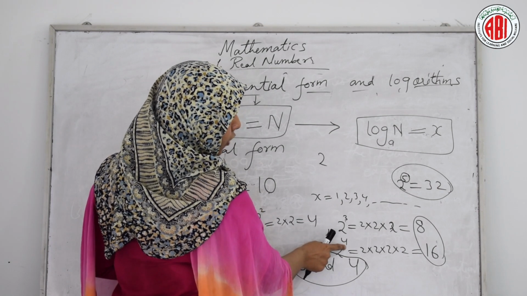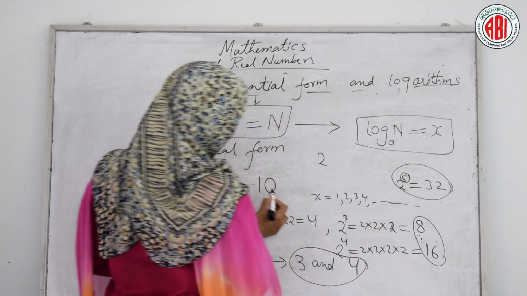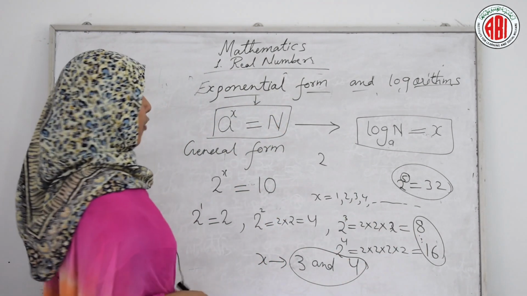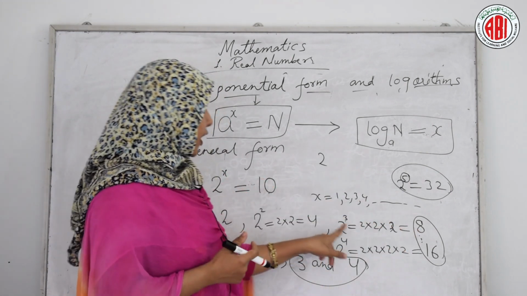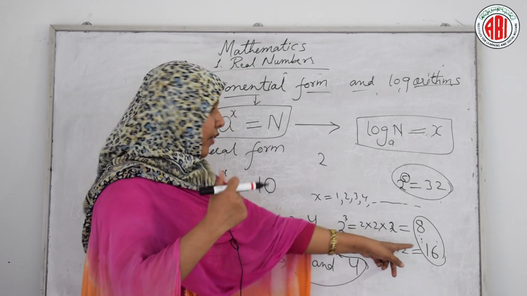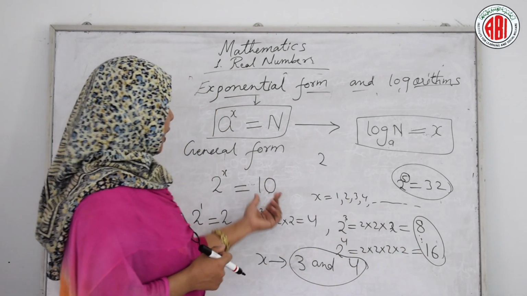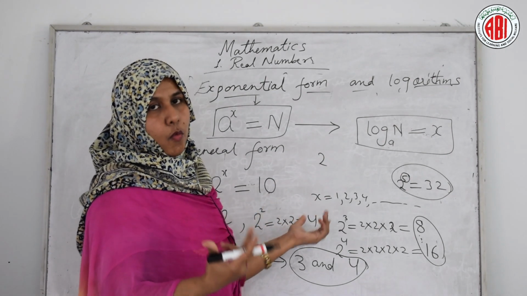After using 4 we are not getting 10. So somewhere between 3 and 4 only we will get the value of 10. But do we get the exact value? For 8 the exact value of x is 3. For 16 the exact value of x is 4. But to get 10 we will not have the exact value.